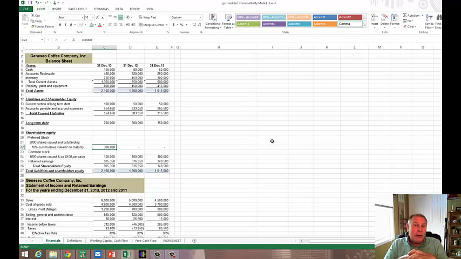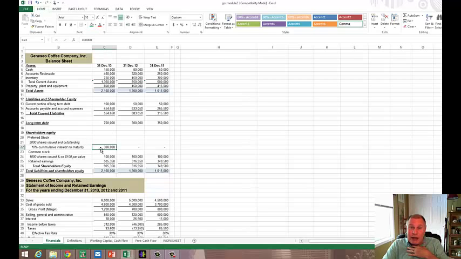Now, if you're going to look at what could happen in a bankruptcy proceeding, the secured creditors, long-term debt, would be paid first, followed then by unsecured creditors, those with accounts payable. Then what's left over would go to repay the preferred stock, and then the rest is left over for shareholders.